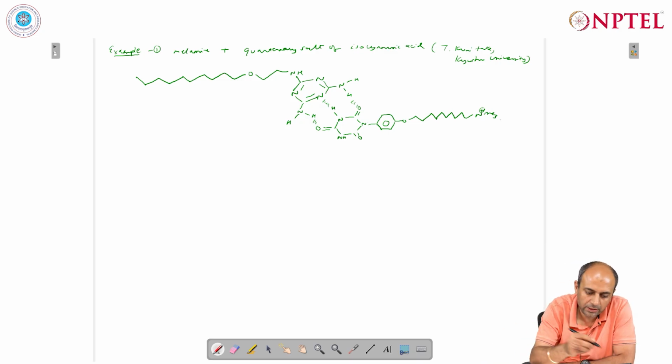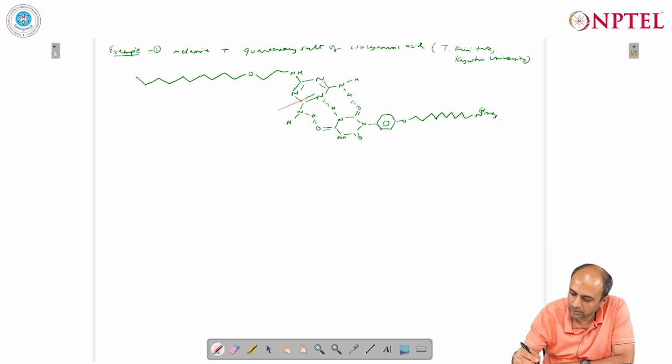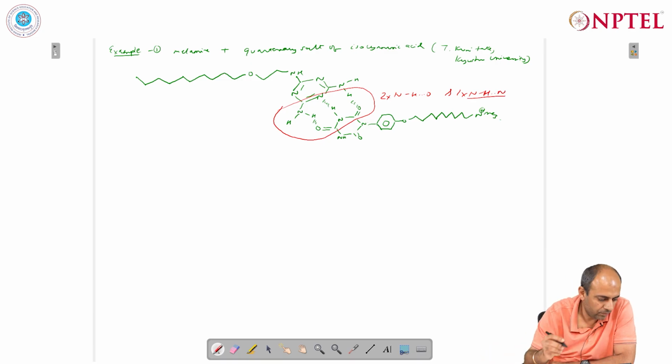So, now you can see the extensive hydrogen bonding which exists in this particular region, which is possible by NHO and one NHN hydrogen bonds.